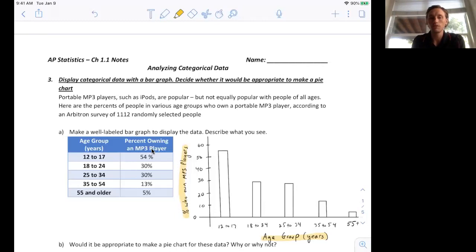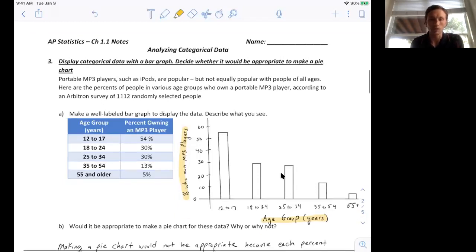So in this case, 54% is not the percent of all the people randomly surveyed. The 54% is of the people 12 to 17, 54% own an MP3 player. So in this case, the percentages are not the percentage of the whole group. It is just the percentage of the category who own it. So it does not make sense to make a pie chart.